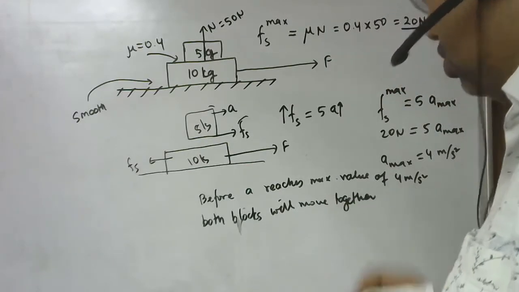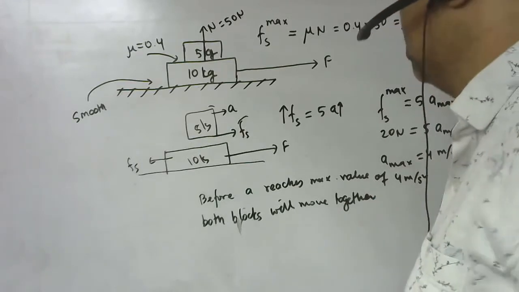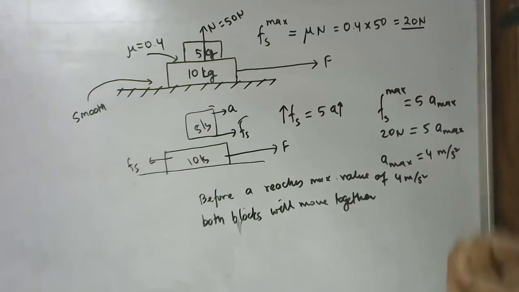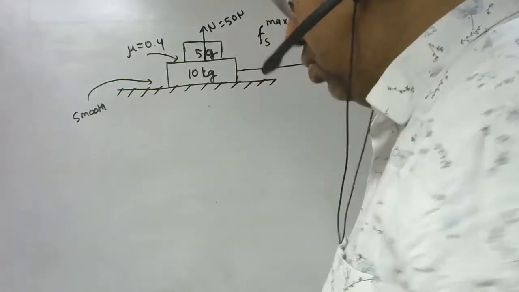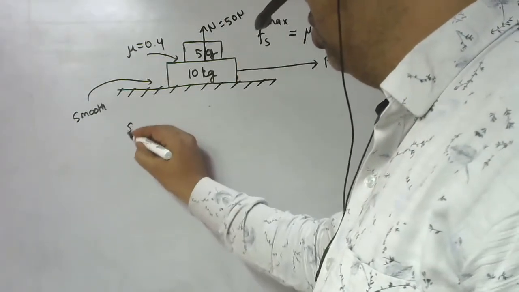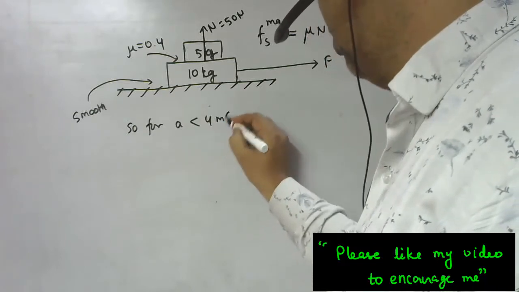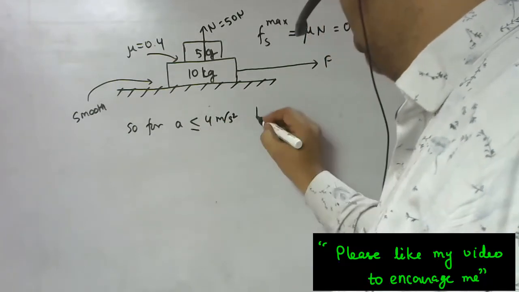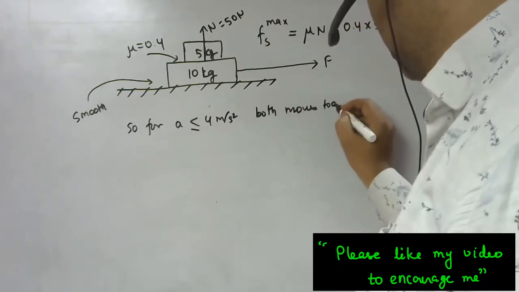It means the two blocks will accelerate with the same acceleration up to this value. So we can write, for a less than 4 meter per second square, both move together.